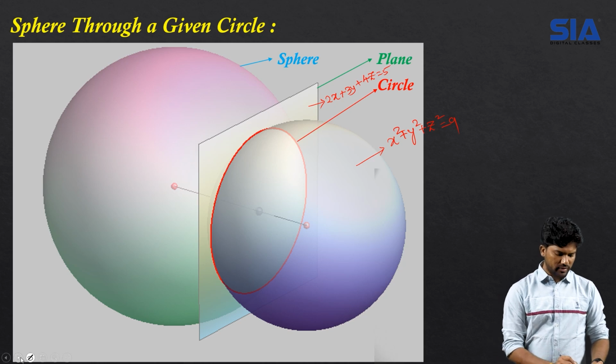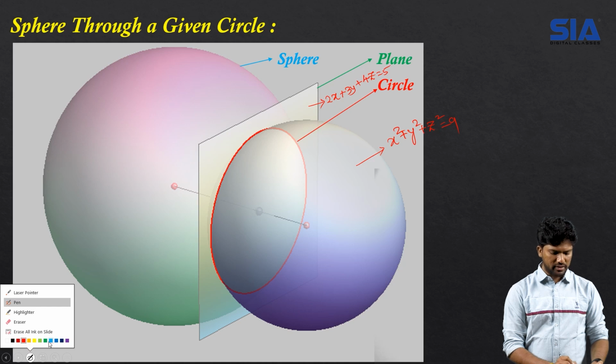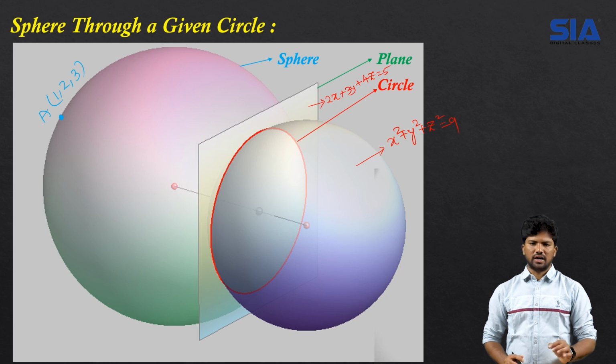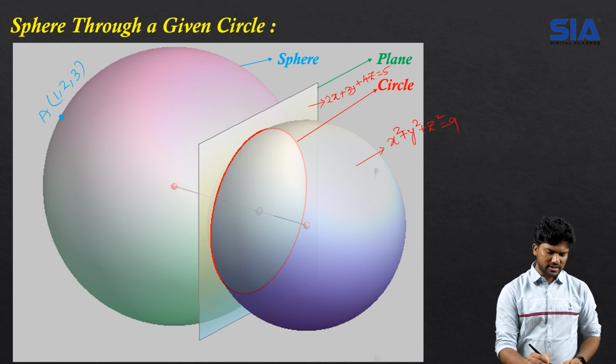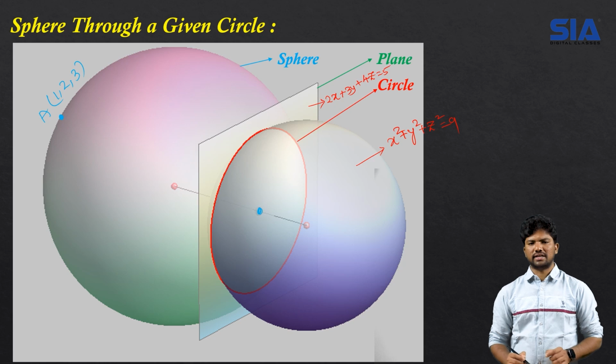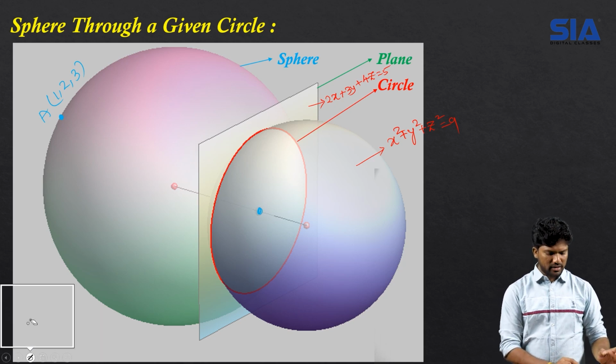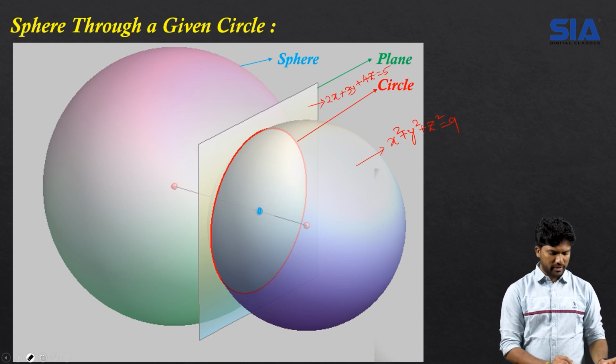And the required sphere passes through one point, which I am writing here. Take that point as capital A equal to 1, 2, 3. Here you can see, you can take that point capital A here, or at the point of intersection also we can take it.